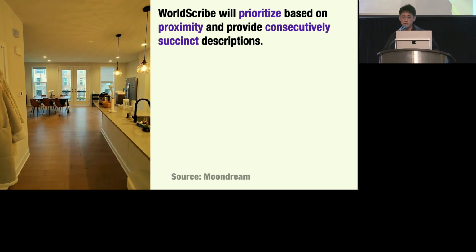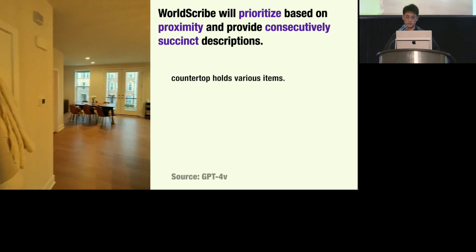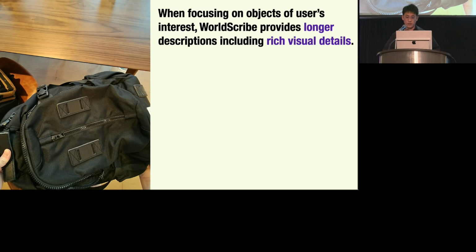When there are lots of objects in front of the user, WorldScribe will prioritize based on proximity and provide consecutive succinct descriptions. Coat hangs on wall. Countertop holds various items. Wall speakers are mounted. Then, when the user stops to focus on objects of their interest, WorldScribe will provide longer descriptions, including rich visual details.